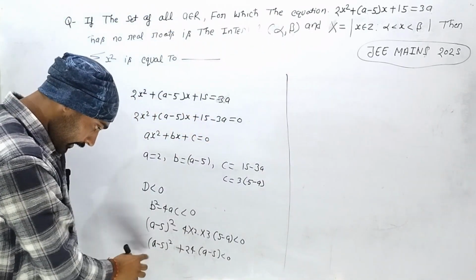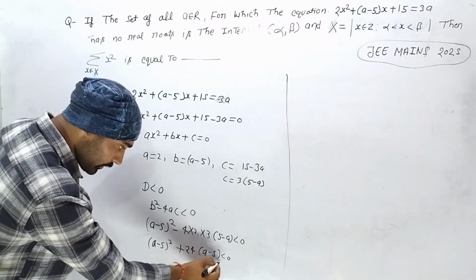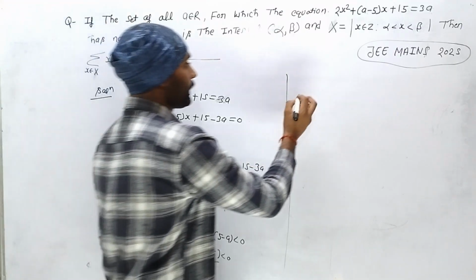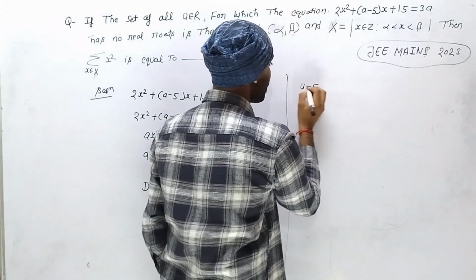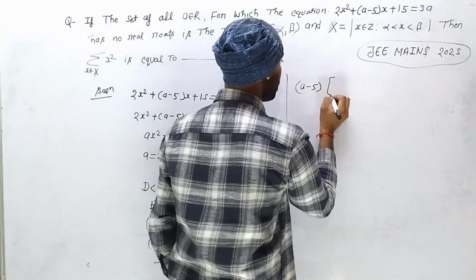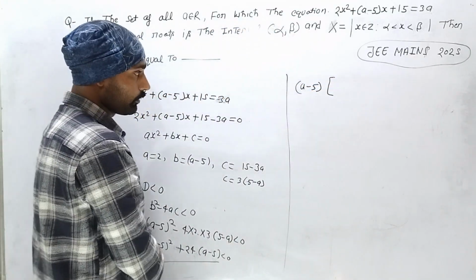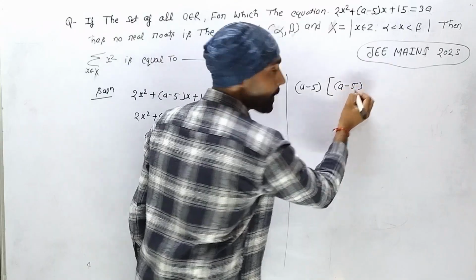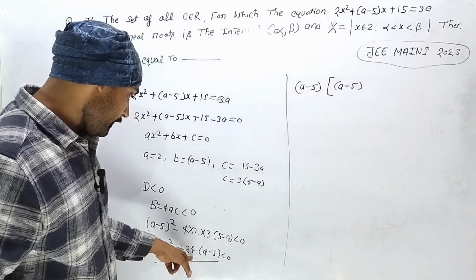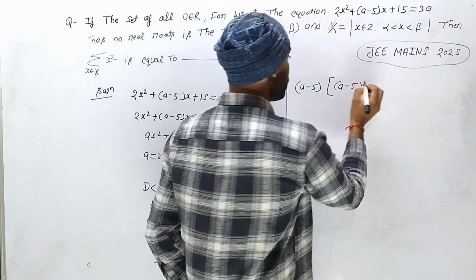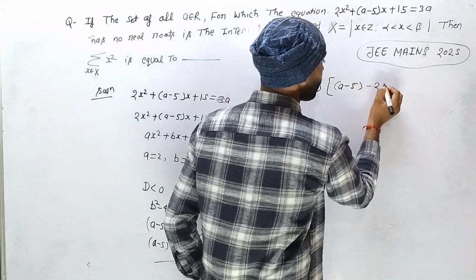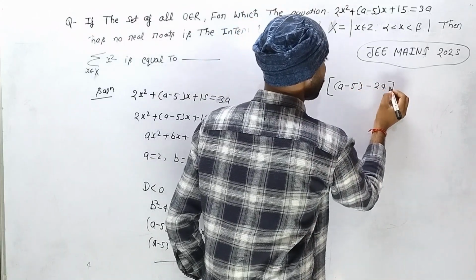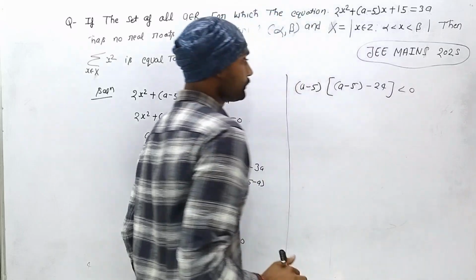Now we can take a minus 5 common from the whole. So we take a minus 5 common, and we get a minus 5 plus 24 inside, less than 0.